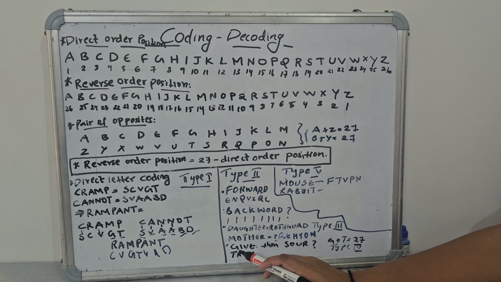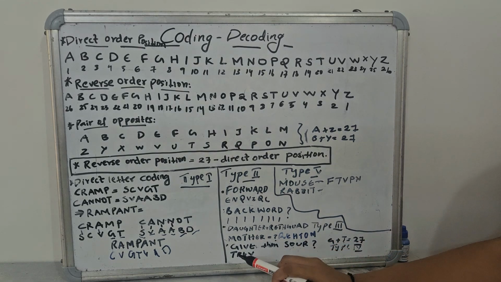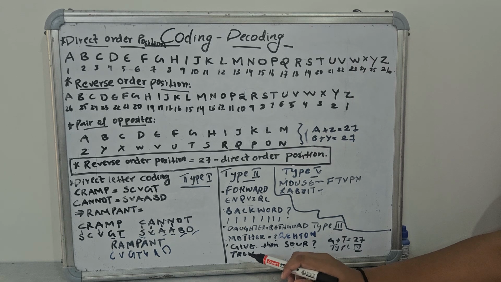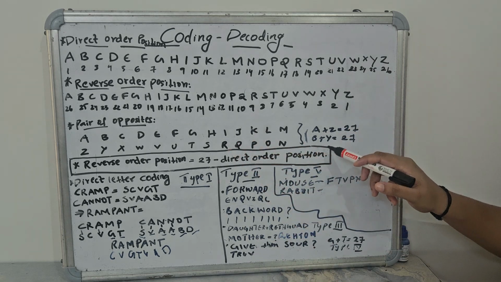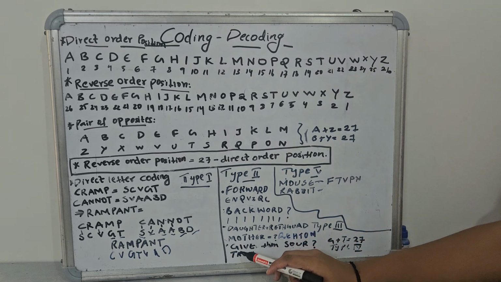Next, GIVE is written as TREV. Then what will be the code for SOUR? Looking at G and T, I and R, V and E, G plus T is 27, I plus R is also 27, V plus E is 27. So it's very similar to the pair of opposites. We have already discussed that when the pair of opposites are added, the sum will be 27. Let's see whether it's right.